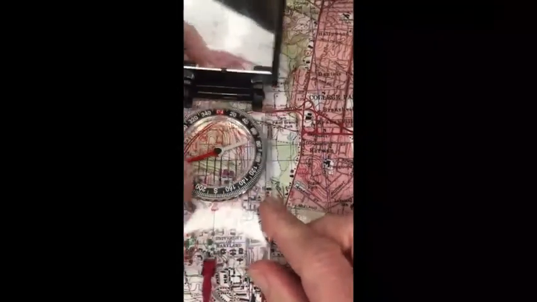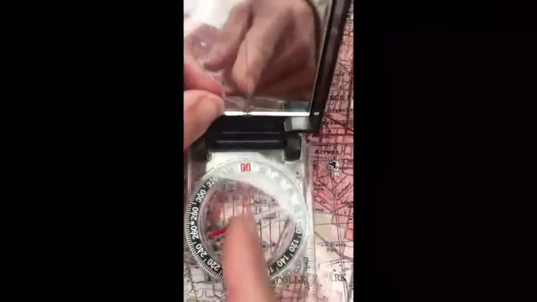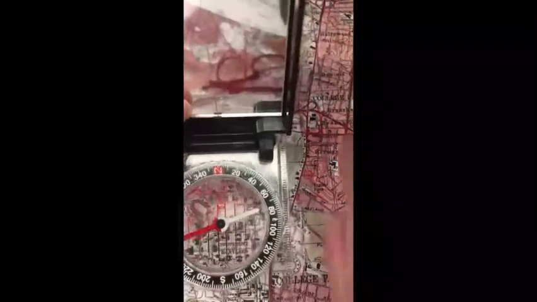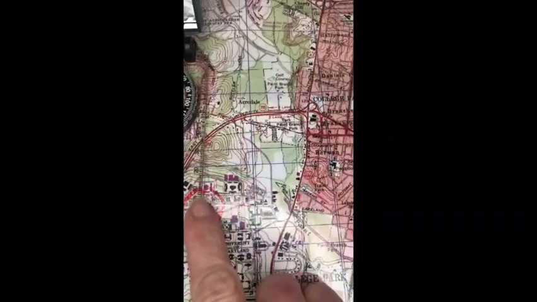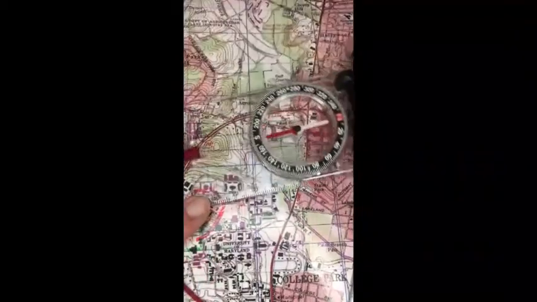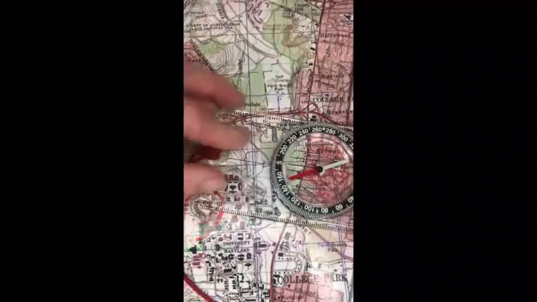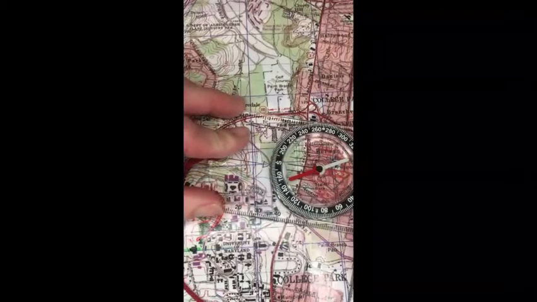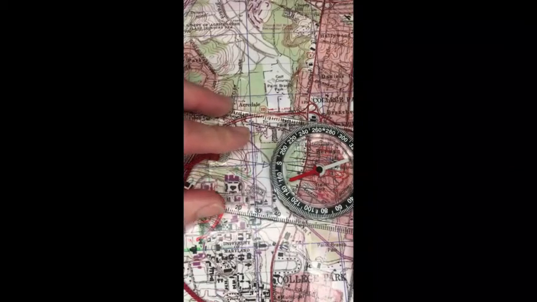So we dial in 0, and now all of the lines from the compass are all aiming north on our map. Everything's parallel. So we put the far corner of our compass at our first waypoint, which is the football stadium. We turn the base plate to our second point of Lake Artemesia.